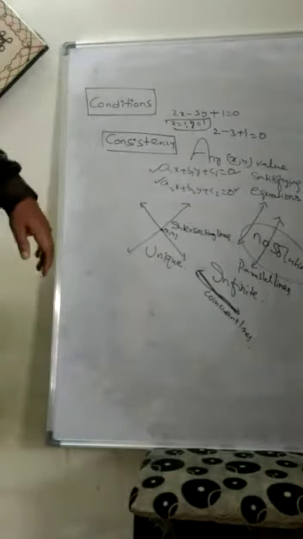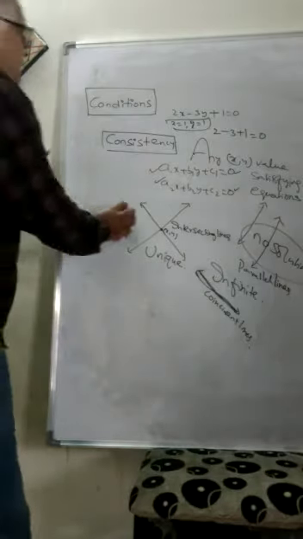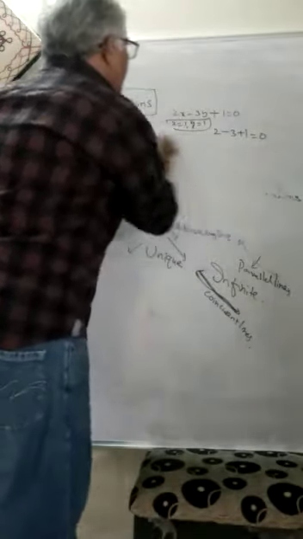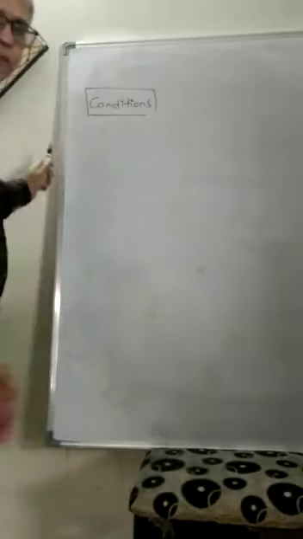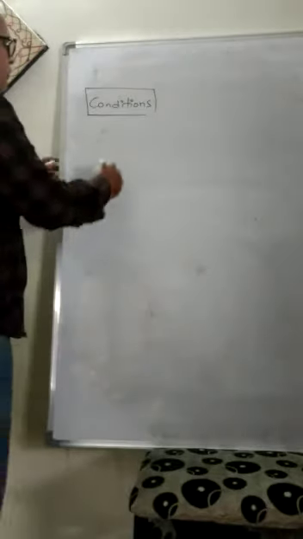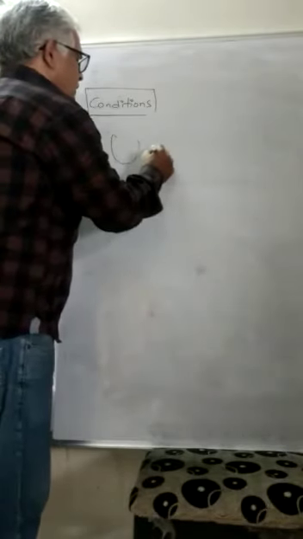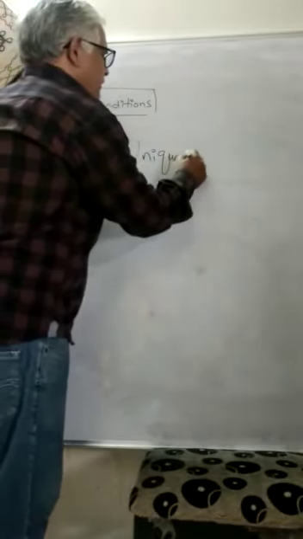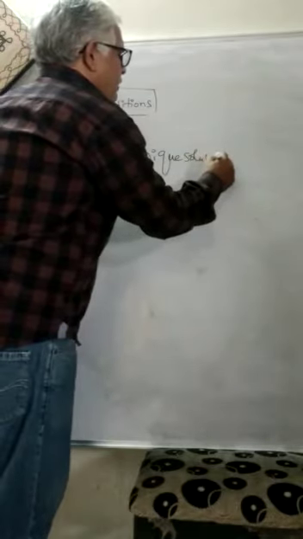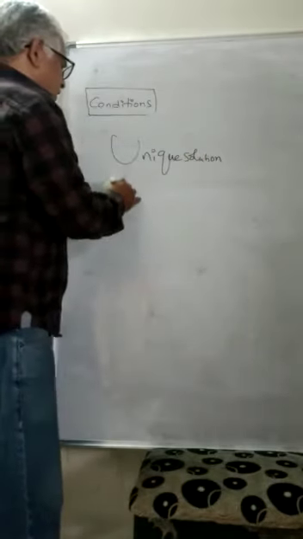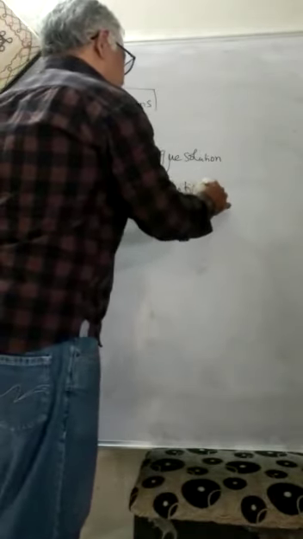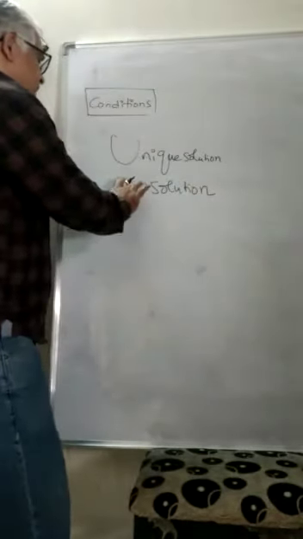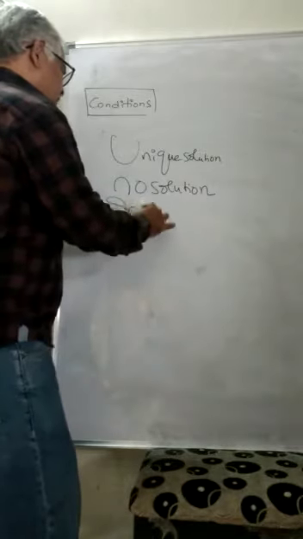So how many categories of solutions are you finding? You are finding three types of solutions. One is a unique solution, only one solution. Second one is no solution, no xy existing. Third one is an infinite number of solutions.